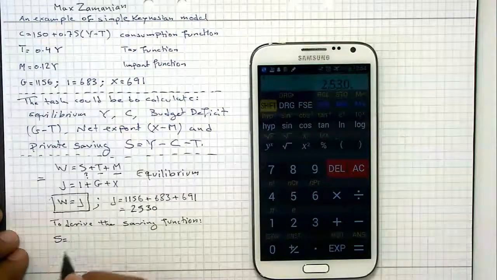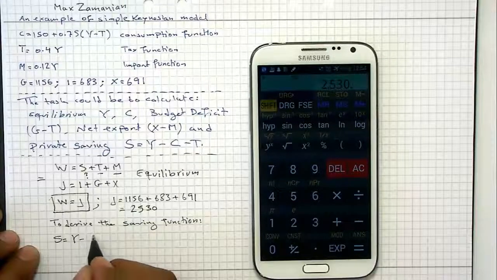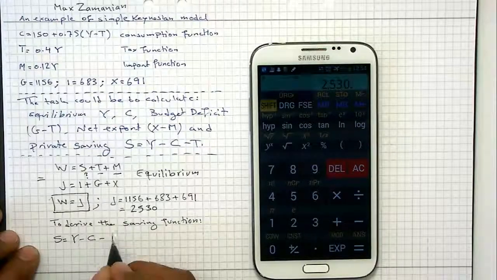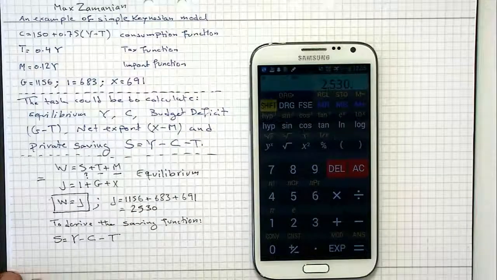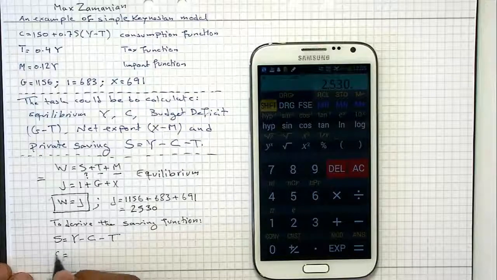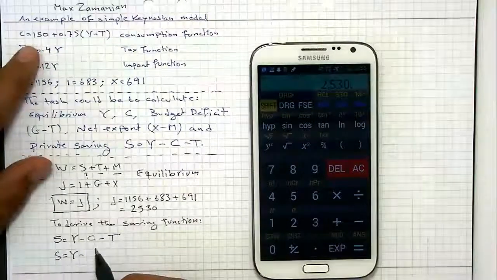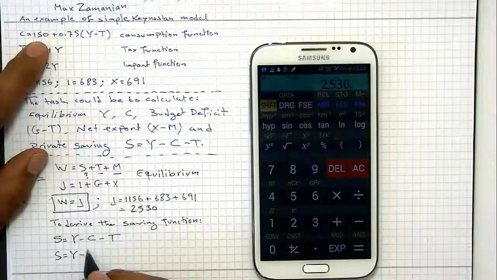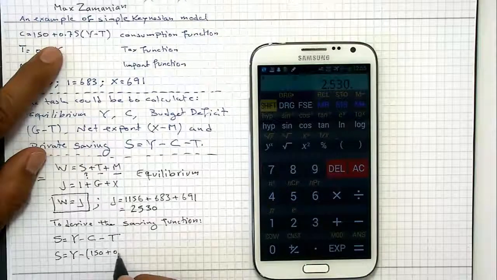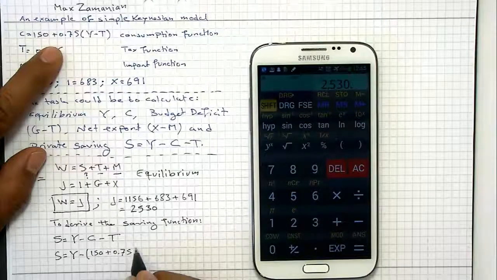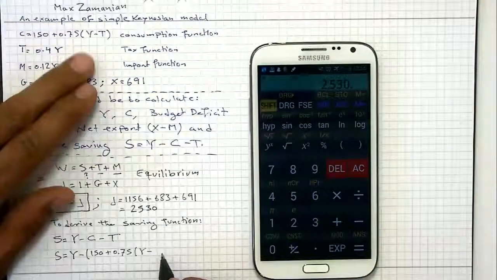We know that the saving function is equal to national income minus consumption minus taxes. I just set up this equation and then try to replace consumption with the function I have got up here, 150 plus 0.75 of disposable income, which is Y minus taxes.